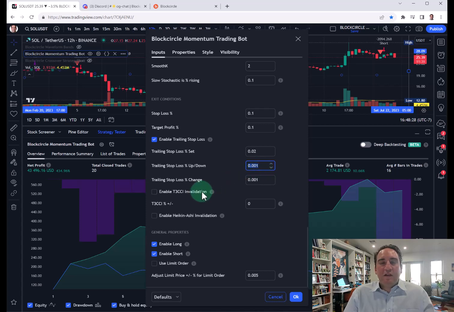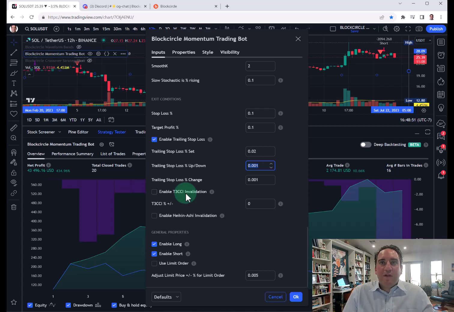Another exit condition is indicator-based or metric-based invalidation. So what this T3CCI invalidation is showing you, and I wrote this as part of the logic and the tooltip, is if you are in a long, and that means that the momentum was determined to be going up, and that you should be trying to ride that momentum as much as possible.